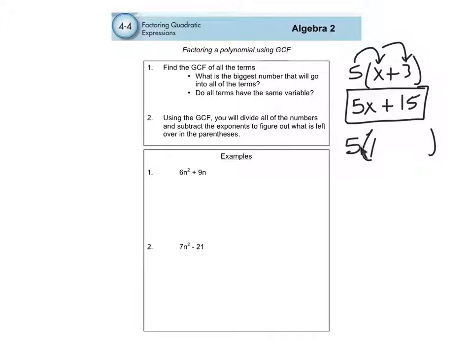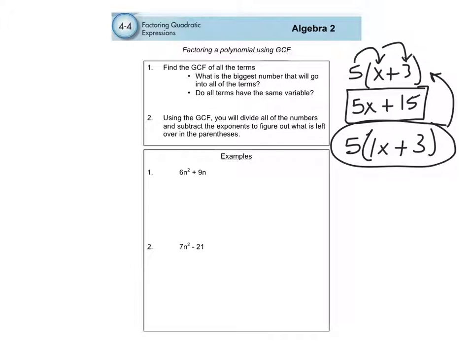Well, I have one x here, I don't have any x's here, so the x stays inside. Then I'm going to take 15, divide it by 5, and it's going to give me positive 3. And I end up with the same thing that I began with.